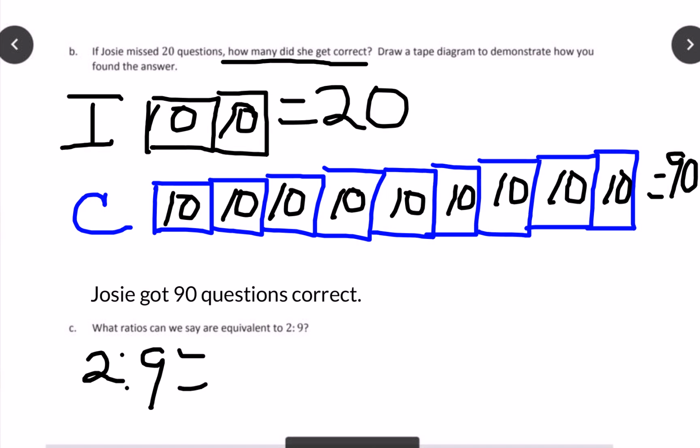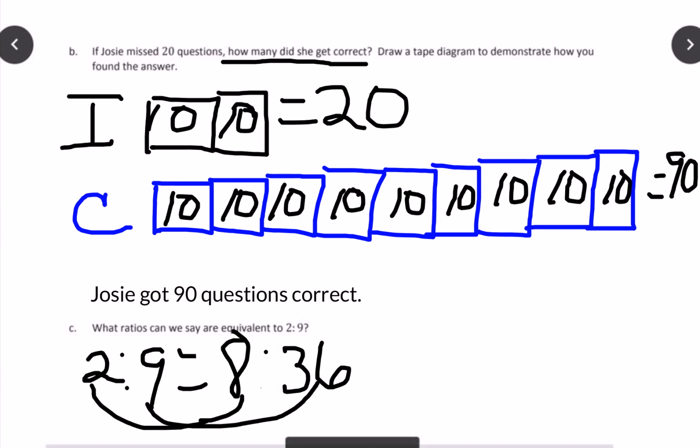We can then say that the original one that we did for A, 8 to 36, is equivalent. That was our first one. Because 2 times 4 is 8, and 9 times 4 is 36.